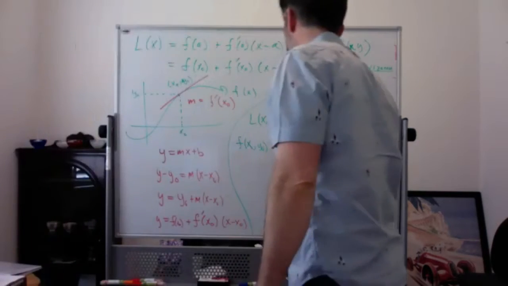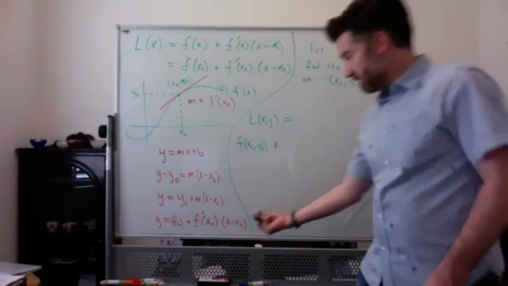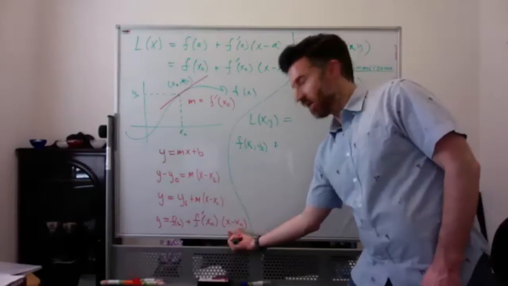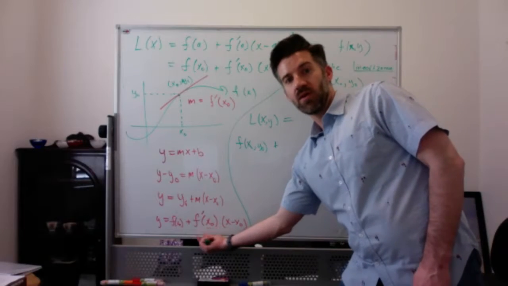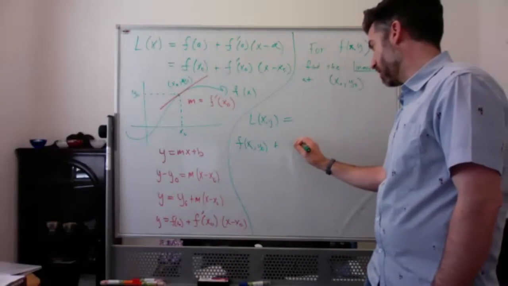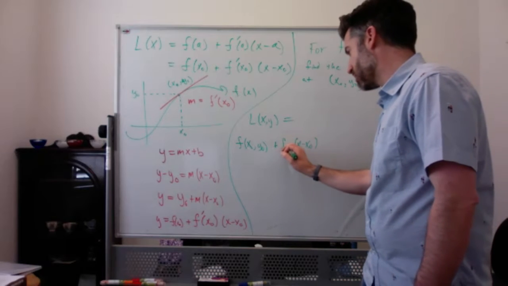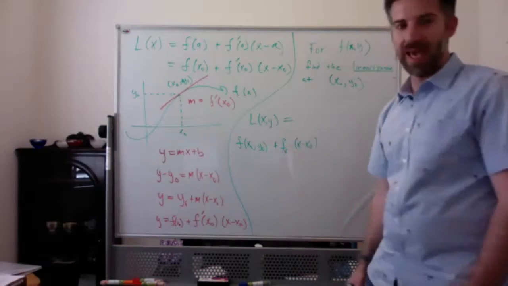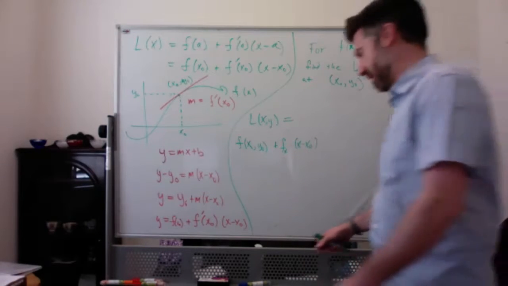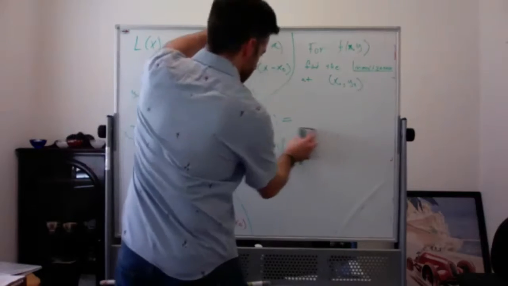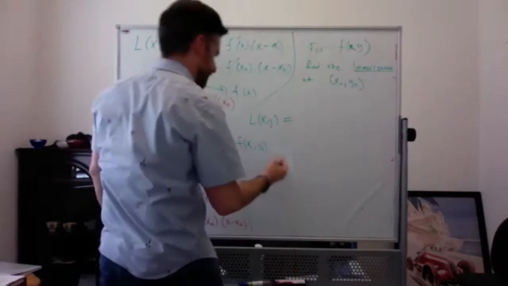And then we have a small change in x times the derivative. Again, a small change in x, but now it's times the derivative in the x direction, that's the partial with respect to x. This is where it gets kind of messy.